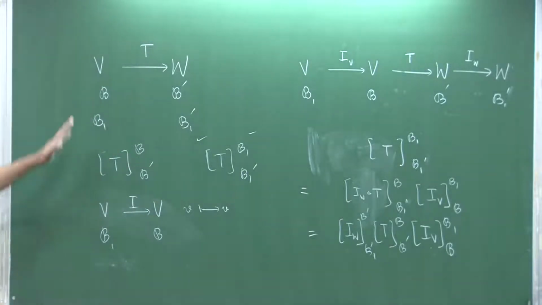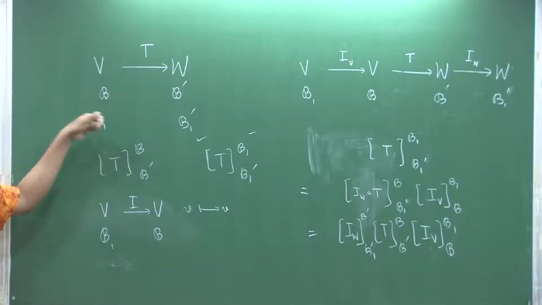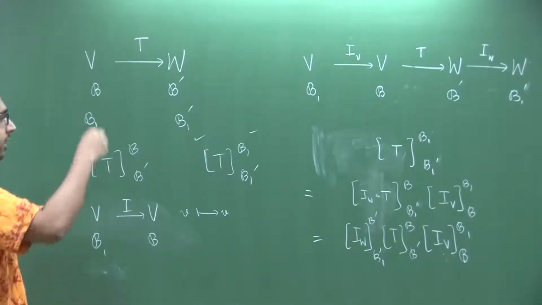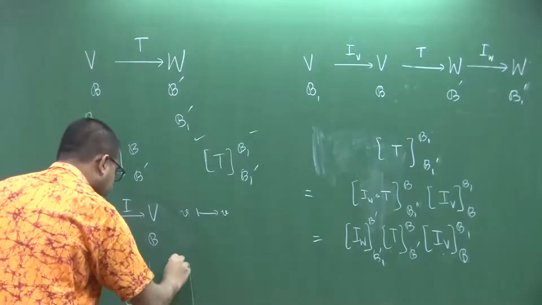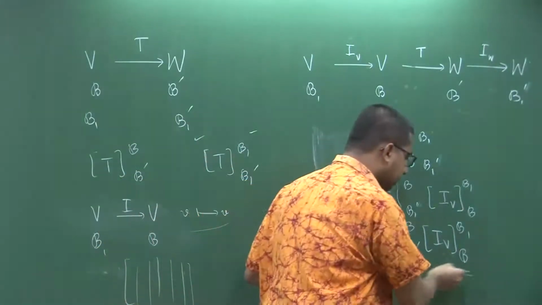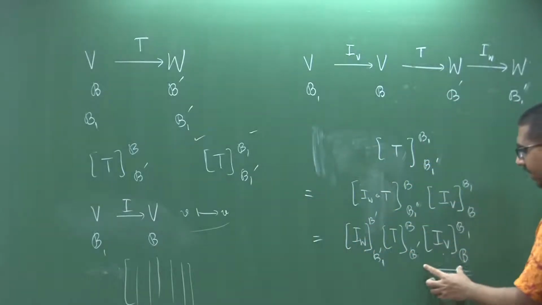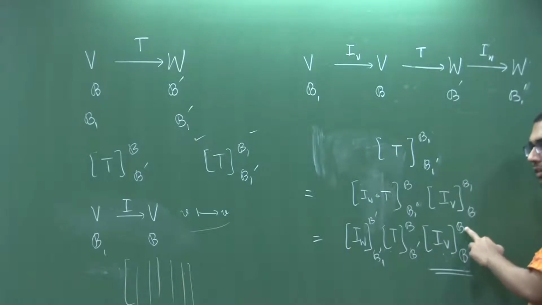Please try to understand, we had B and we have changed the basis to B1. Every vector in B1 can be written as a linear combination of B, and from those linear combinations we put the scalars along the column, and that gives me this matrix. So, the rightmost matrix here is obtained by writing the new basis vectors in terms of the old ones.